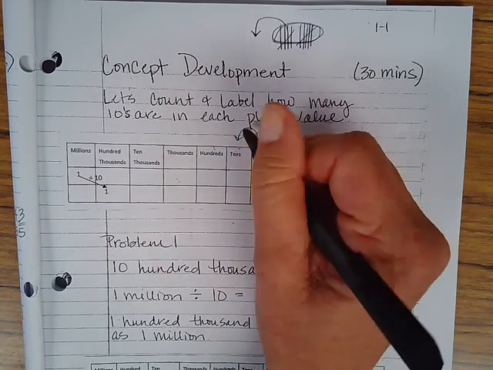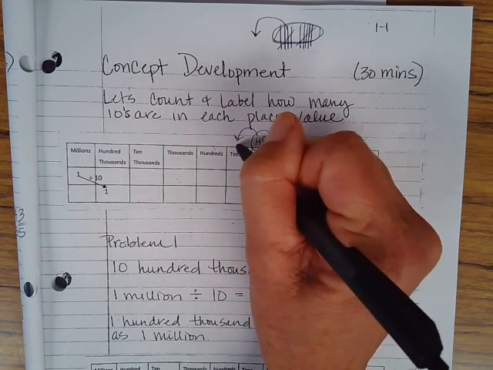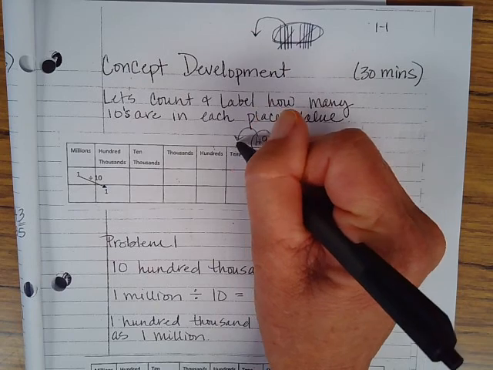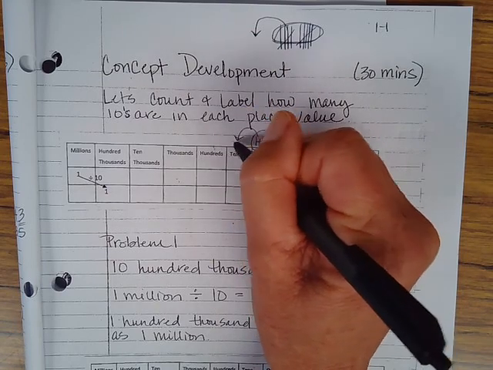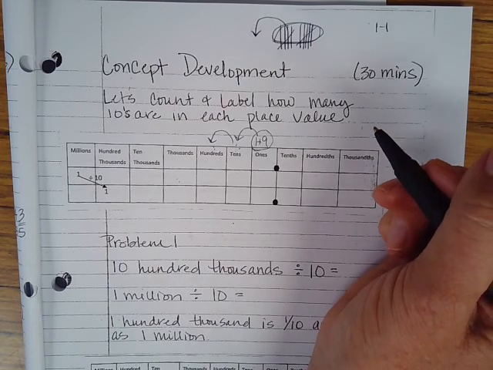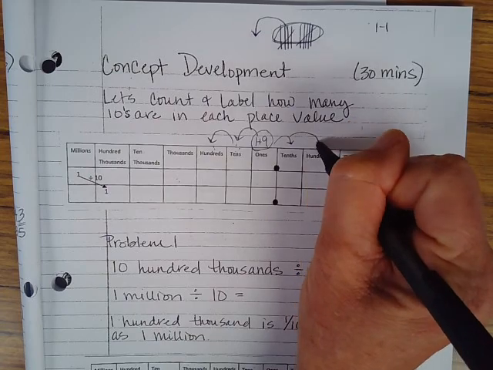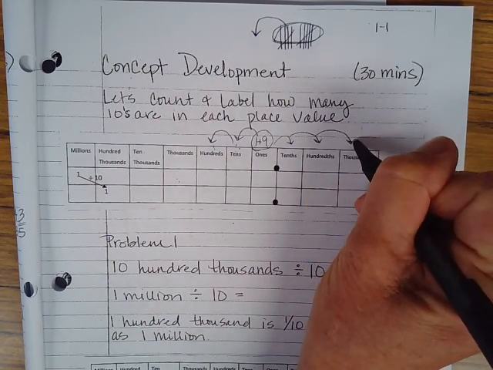The maximum you can fit in here is 9, and the moment you add one more, you have to bump it to the next place value, correct? That goes the same on this side, but they're just smaller pieces.